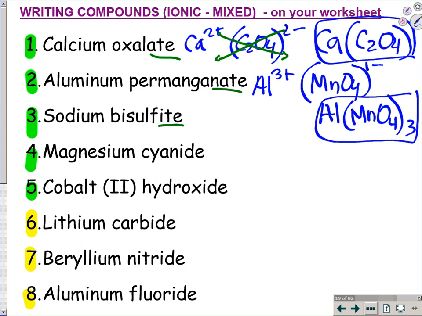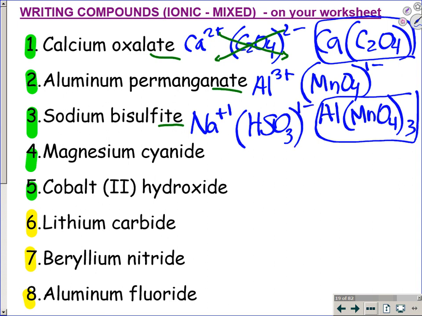Sodium bisulfite. Sodium, guys? Na plus. Can somebody else help her out? Okay. Na plus, and then bisulfite. Bisulfate is HSO4, bisulfite is HSO3, and those are really nuanced, so you have to watch their ites and ates.